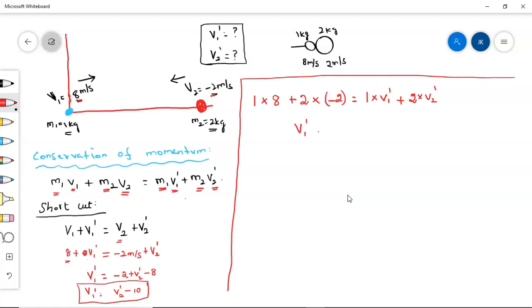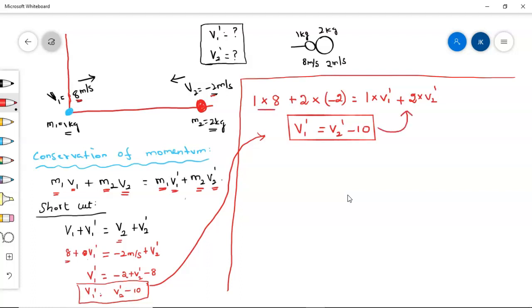Now v1 prime is equal to v2 prime minus 10, as we found here. We substitute into this equation. So 1 times 8 is 8, plus negative 4, is equal to 1 times v1 prime. In the place of v1 prime, I substitute 1 times v2 prime minus 10, plus 2 times v2 prime.